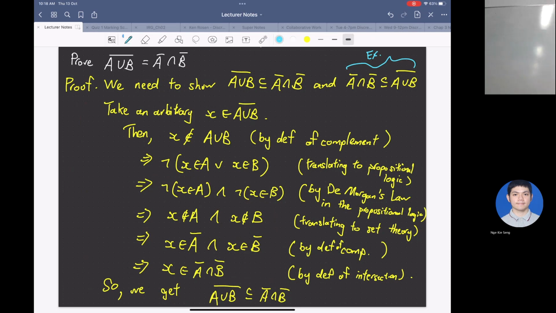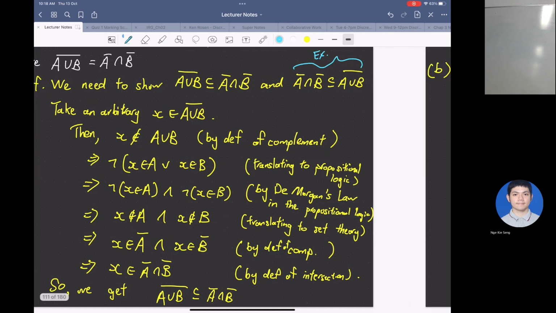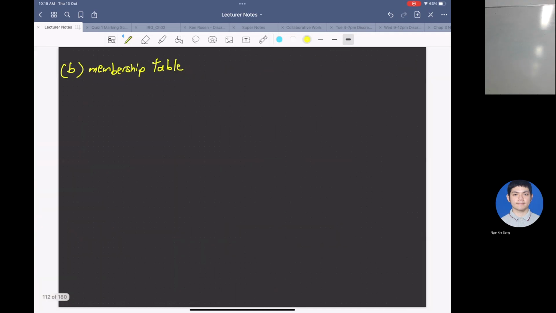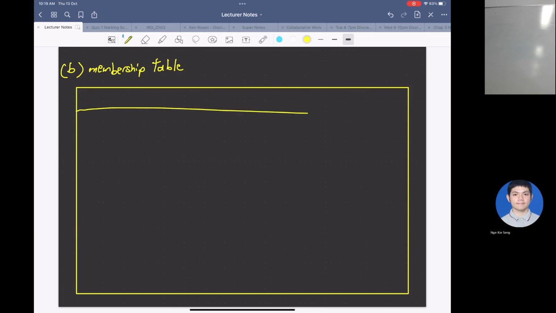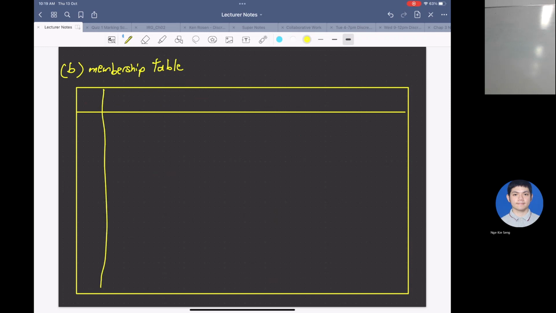And actually, in your textbook, they present another method, which is called the membership method. So this membership method should remind you of the truth table. Okay, so how does this table work? Let me draw this table first.